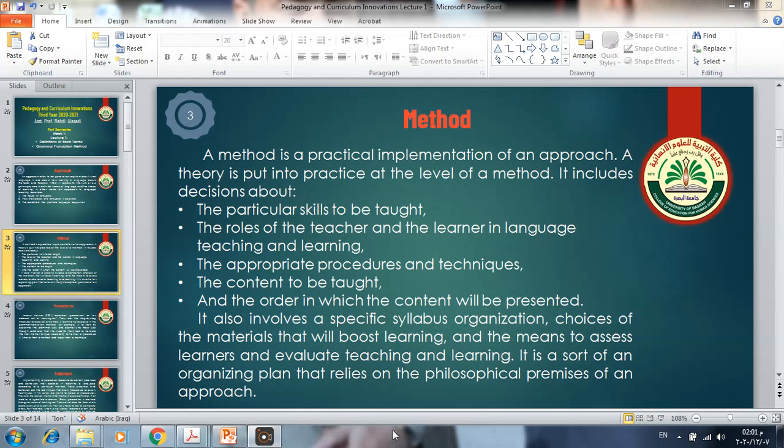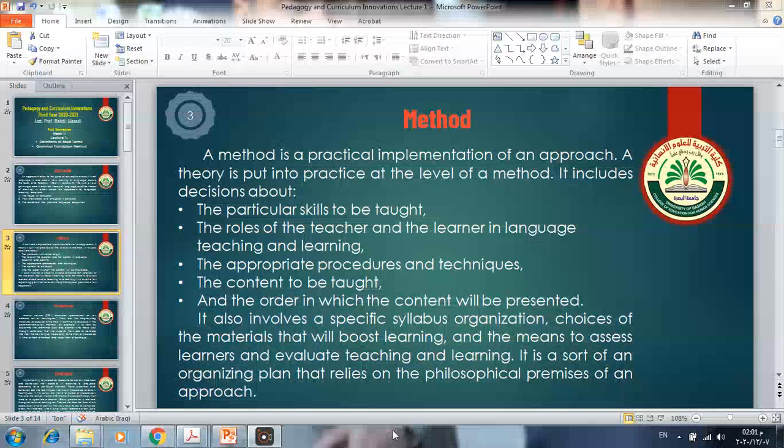So it helps us to take such decisions. The method also involves a specific syllabus organization, choices of the materials that will boost learning, and the means to assess learners and evaluate teaching and learning.